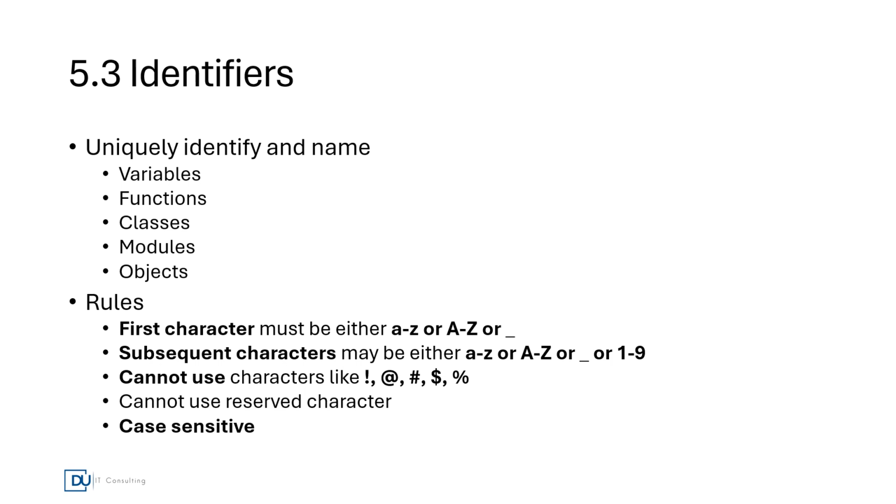The first character can be either a small or uppercase alphabet or an underscore. The subsequent characters can consist of alphabets, numbers or underscore. But we cannot use some special symbols as shown on the screen, and we cannot use Python keywords as identifiers. And all identifiers are case sensitive.